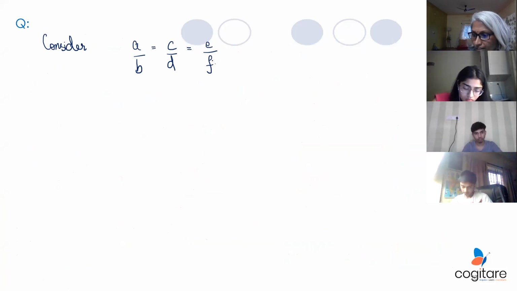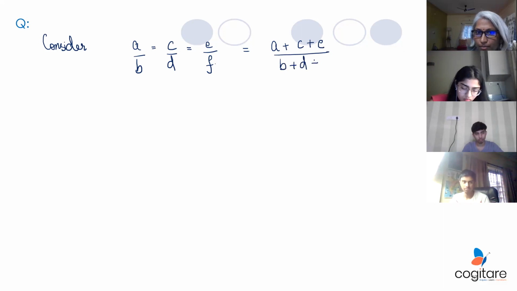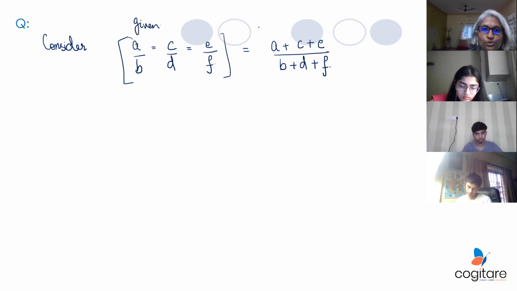Can you prove that this entire thing will in turn be equal to (A plus C plus E) divided by (B plus D plus F)? This is given, guys. You need to prove this.